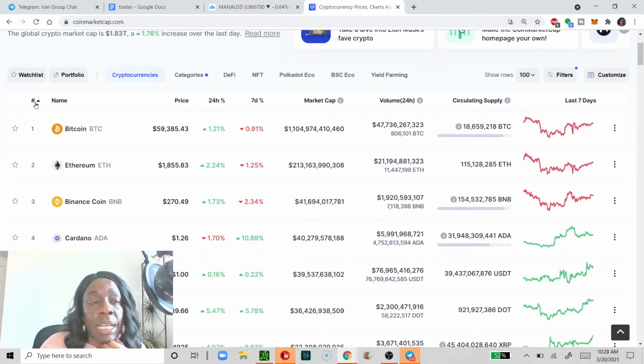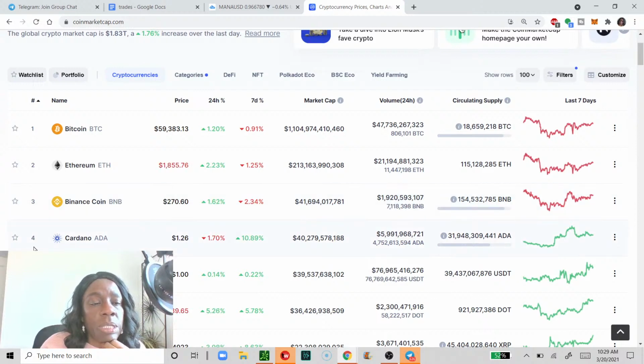And here we see the coins are already ranked in order. So of course, Bitcoin is the one with the greatest market cap. I think this is more than a billion. And then a close second, Ethereum is 213 billion. No, 213. Now let me get my millions and billions right. Yeah, million. Binance Coin isn't doing too bad. I don't know where they came from. They came from nowhere.